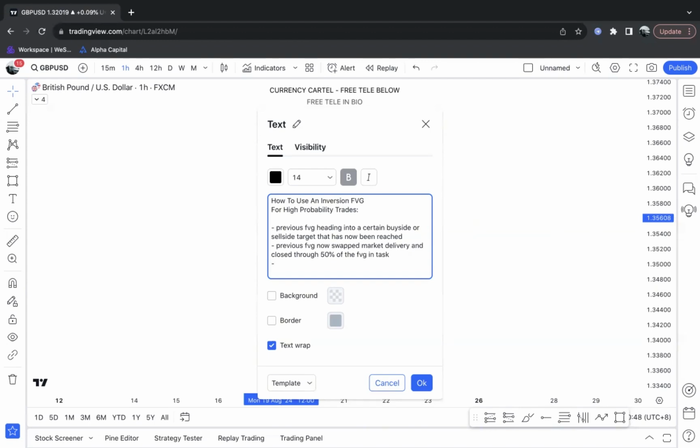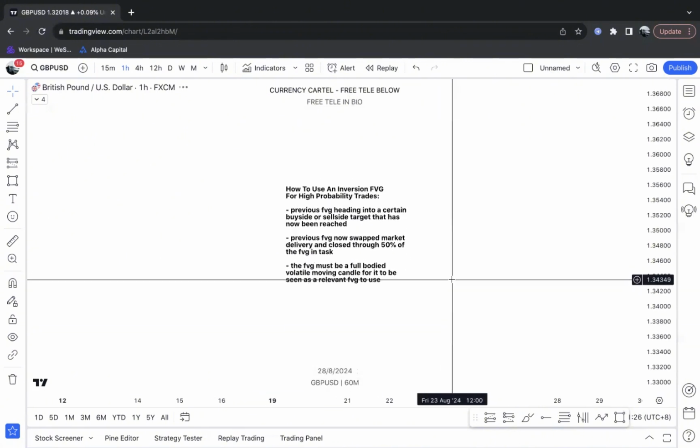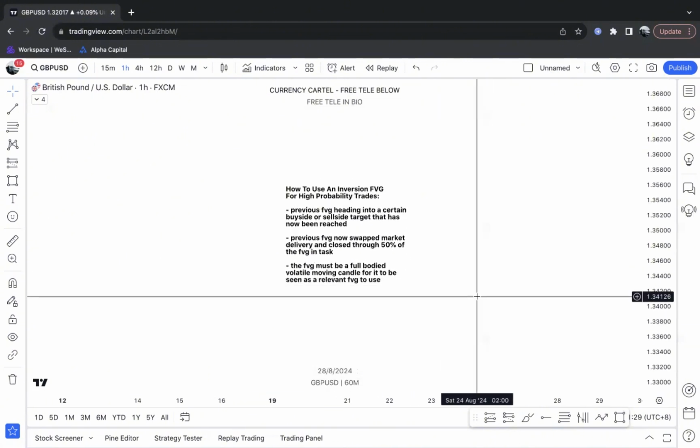And then our final is the FVG must be a full-bodied, volatile, moving candle for it to be seen as a relevant FVG to use. So these are our three things that we are looking for when we're using an inversion FVG.